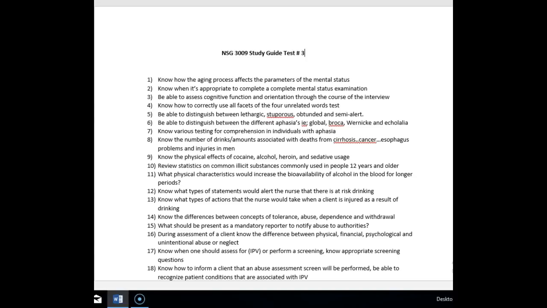Question number 4, know how to correctly use all facets of the 4 unrelated words test. Generally you can ask questions that can be corroborated.